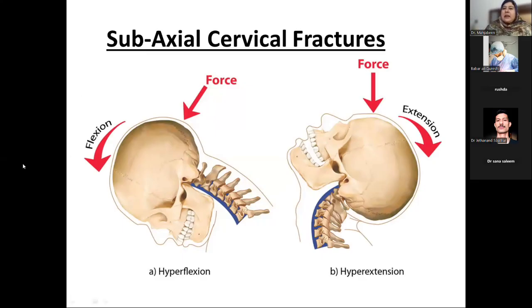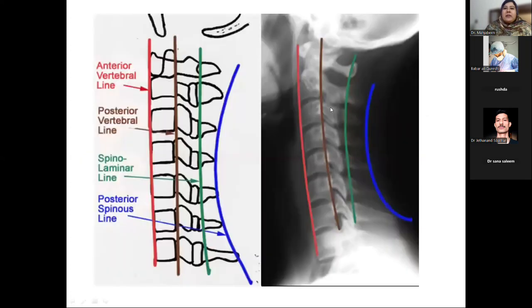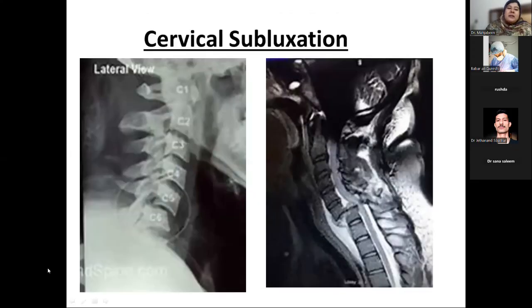So there can be any type of injury. There can be hyperflexion injury, hyperextension injury. These are the lines that we discussed previously: the anterior and posterior vertebral line, spinolaminar line, or posterior spinous line. So why are they important? Because see here, there is loss of alignment of that line. I pray कि मेरी line सीधी बने. Okay, that's good. See this vertebral body.